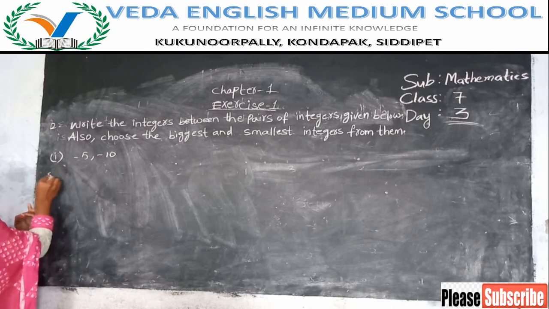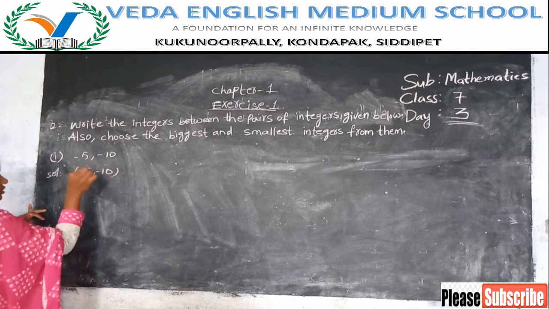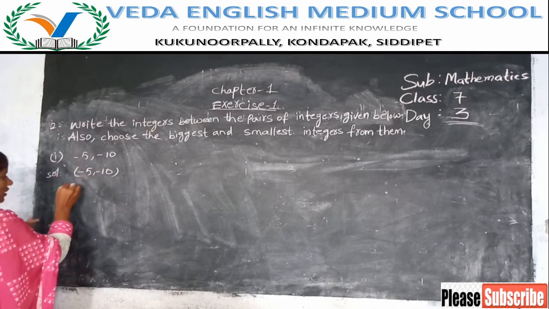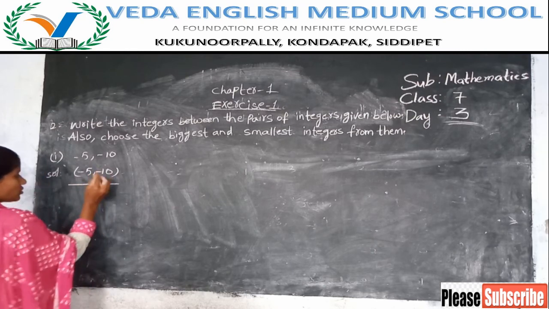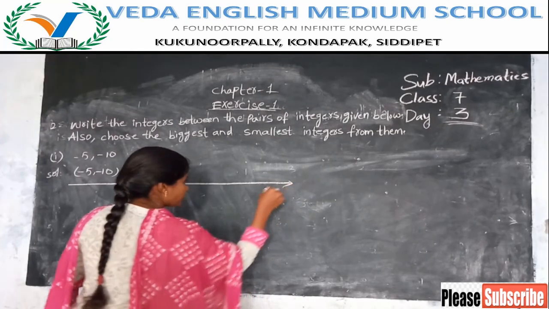Now see the solution: -5 comma -10, between these two. Further I am drawing the number line. Both are negative numbers only, so I am drawing only the negative number line.